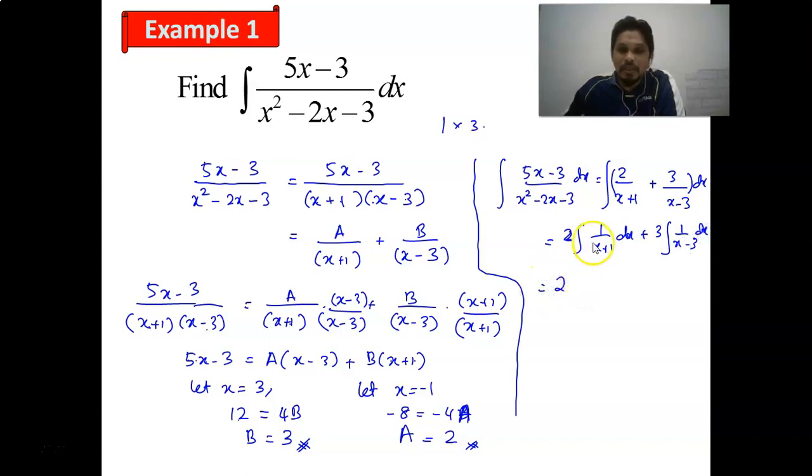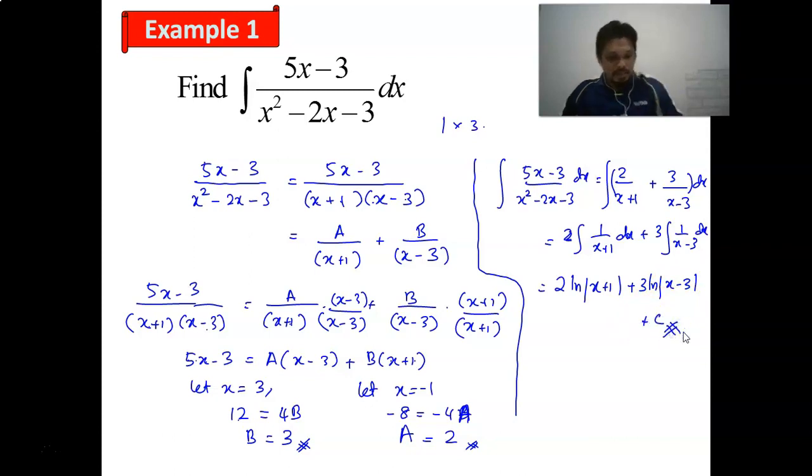So then 2 times the natural log of x plus 1 divided by the derivative of x plus 1, which is 1. Plus 3 times the natural log of x minus 3 divided by the derivative of x minus 3, which is 1. Divide by 1, nothing changes here, plus c. Okay, 2 ln|x plus 1| plus 3 ln|x minus 3| plus c.